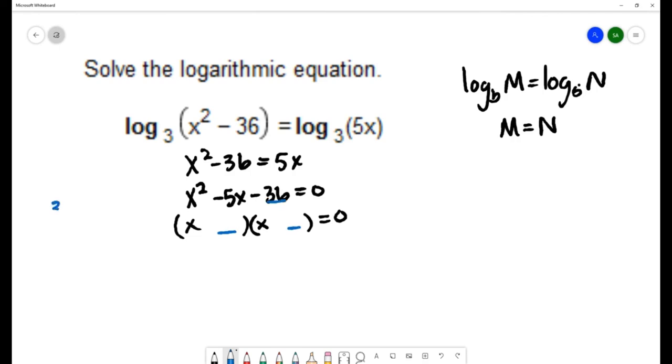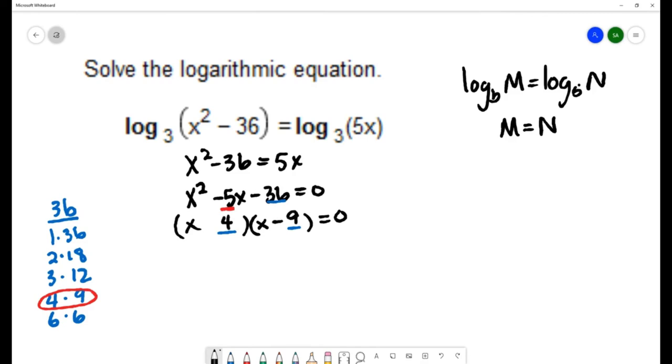I'm thinking of the factors of 36: 1 and 36, 2 and 18, 3 and 12, 4 times 9, and 6 times 6. And I notice that 4 times 9 has a difference of 5, which is my middle number. So I'm going to use the 4 and the 9, and I need the negative 5, so I put a negative on the bigger number. And I'm going to set each factor equal to 0.